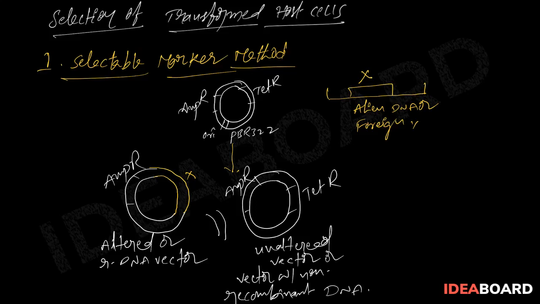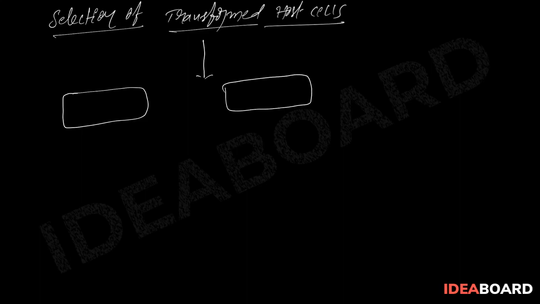Now transformation will take place. So these plasmids will be transposed into the host organism. After transformation, three different kinds of bacteria we can produce. This is one type of bacteria. This is normal nuclear DNA.